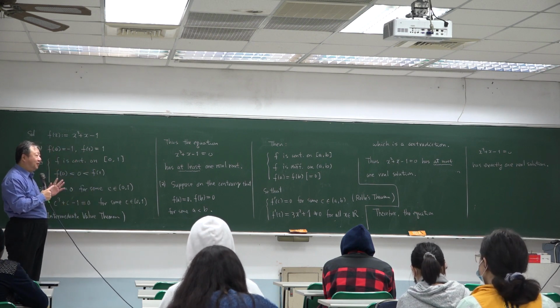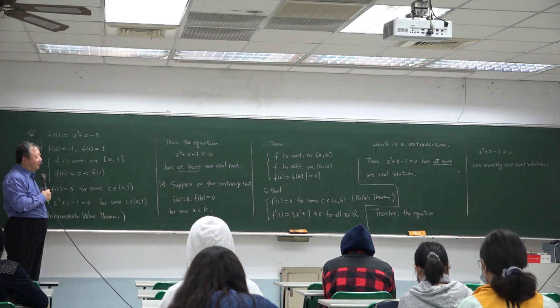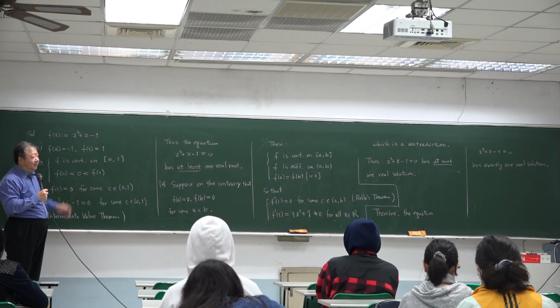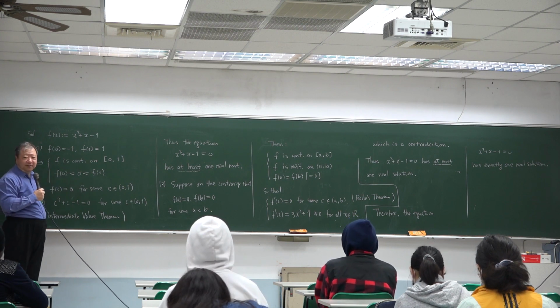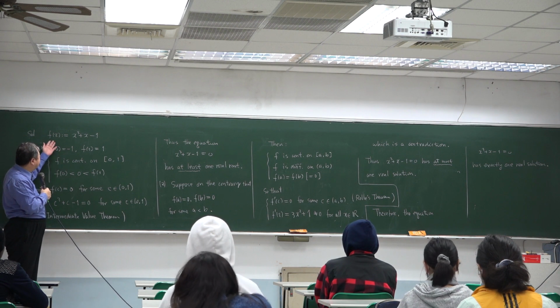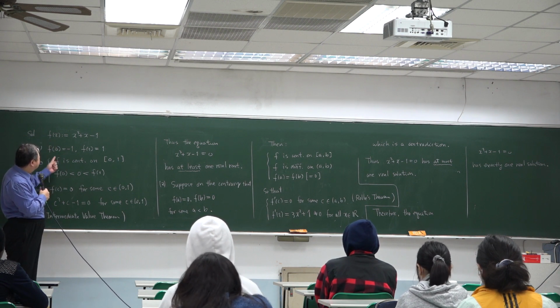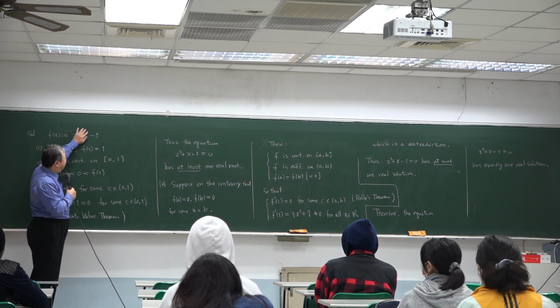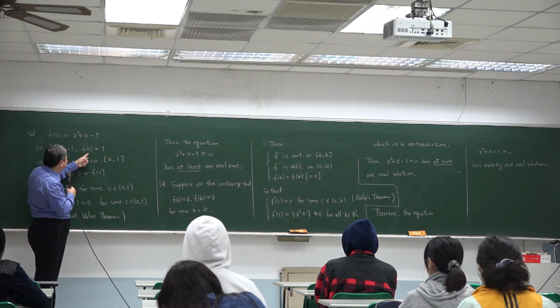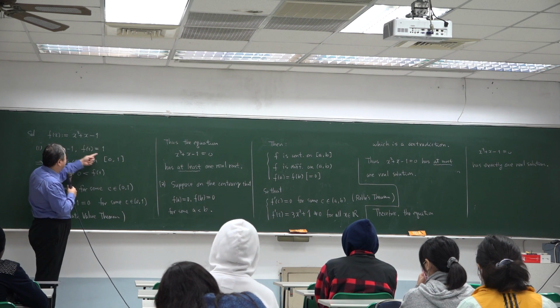But for completeness, I give the whole solution of this example. So we consider this one. If we use 0, obviously this is negative. If we consider 1, 1 to 1 cancel, this is a 1.